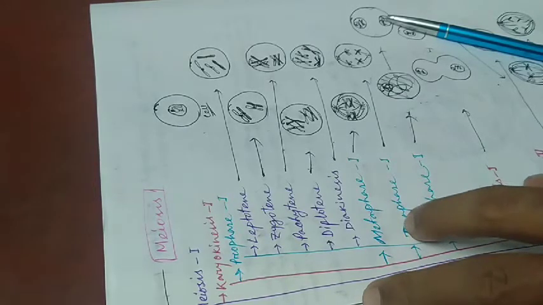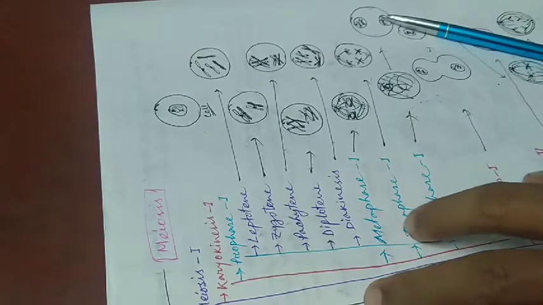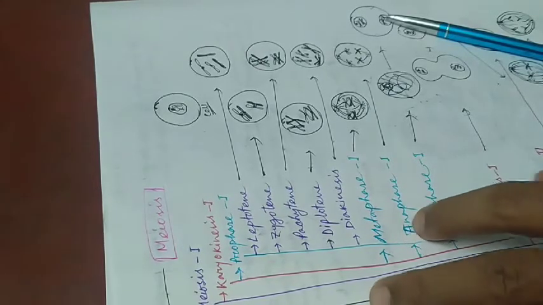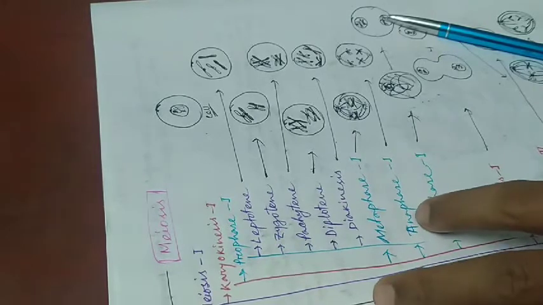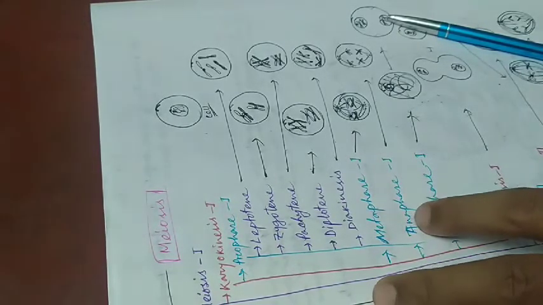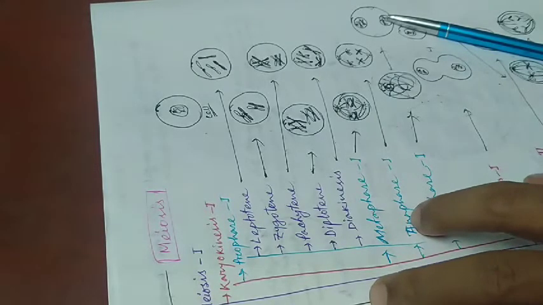So the interchange of parts between non-sister chromatids of a homologous pair is called crossing over. After crossing over, each chromosome gets a new gene arrangement. It is called recombination.